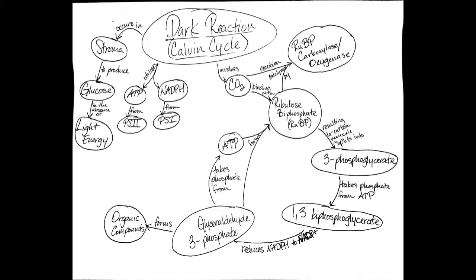And this process involves carbon dioxide bonding with ribulose biphosphate, also known as RUBP. And that reaction is catalyzed by RUBP carboxylase oxygenase. From there, the ribulose biphosphate and carbon dioxide form a 6-carbon molecule, and that molecule splits into 2 copies of 3-phosphoglycerate.